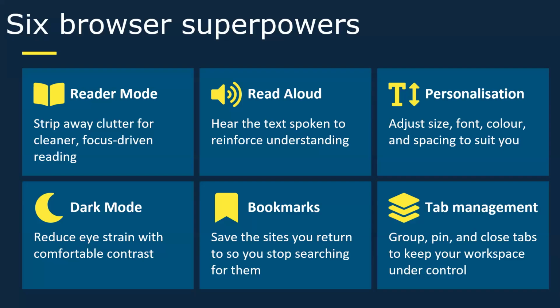Maybe have it read aloud so that the text is spoken rather than just read, which is especially useful for people learning in a second language. And then of course you've got personalization, so they can adjust font sizes, colors, backgrounds, spacing. And with some of them, they can also break apart the syllables to help them read and understand the text.